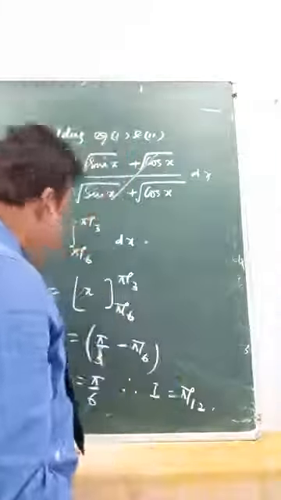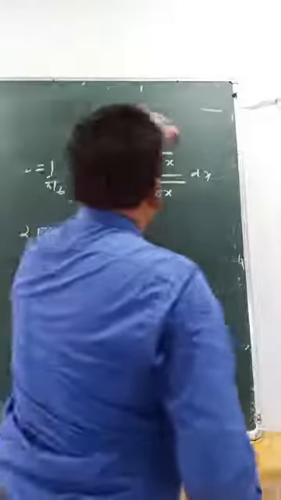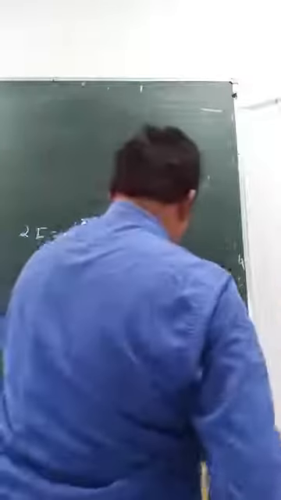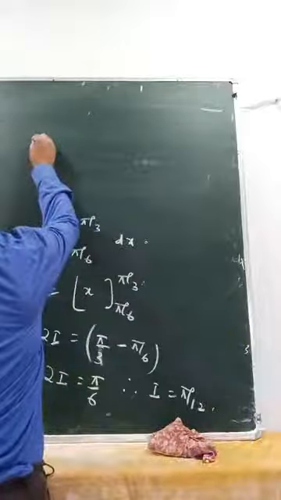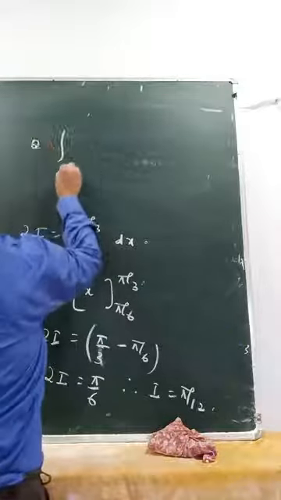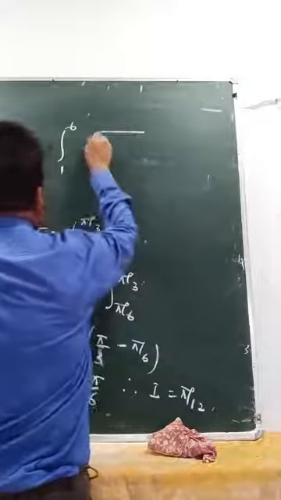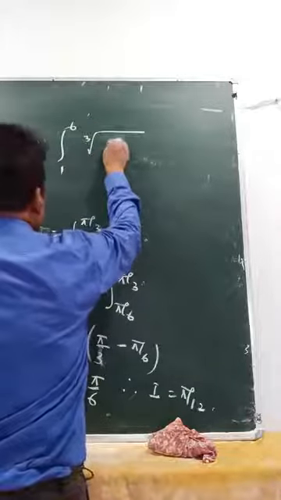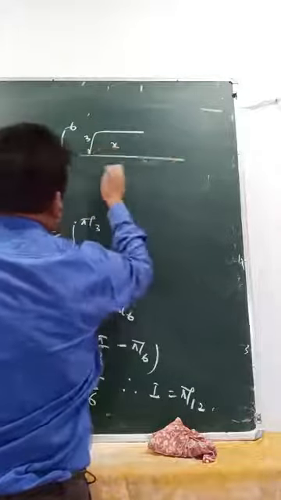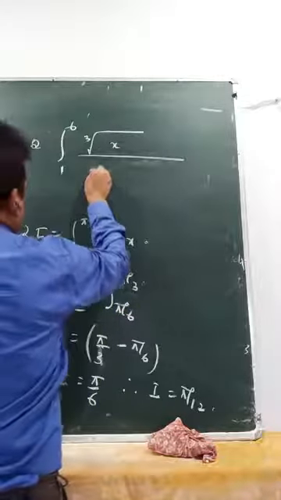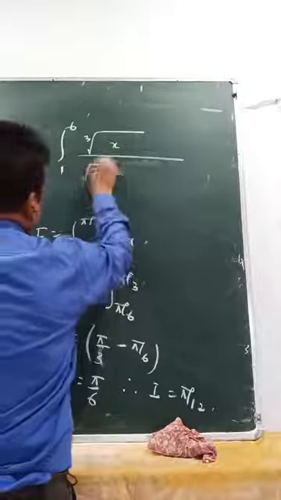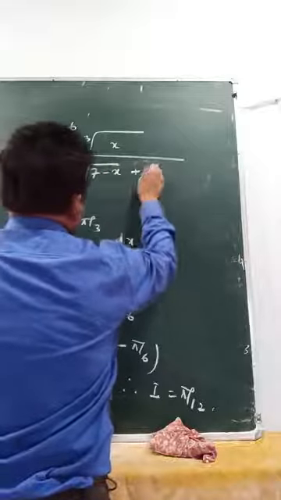Okay, the same question can be asked in a different manner. That is, integral from 1 to 6 of cube root of x by cube root of 7 minus x plus cube root of x.